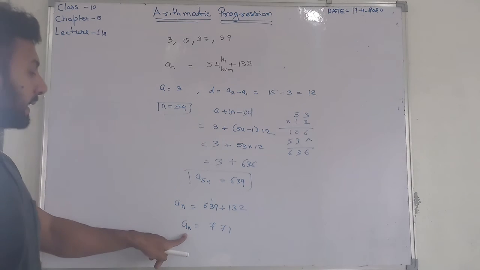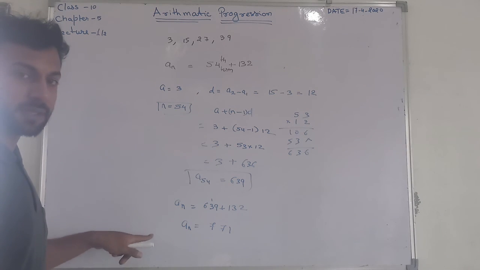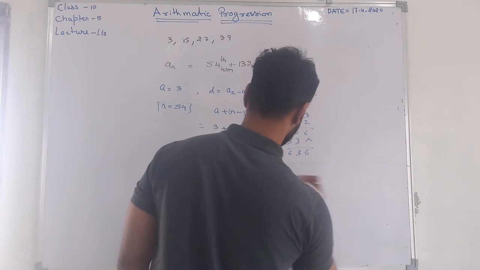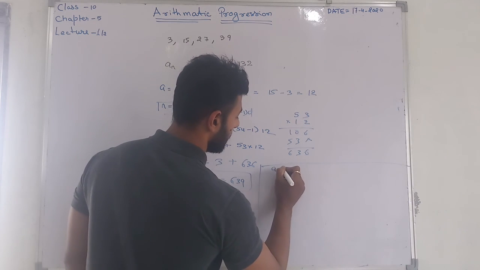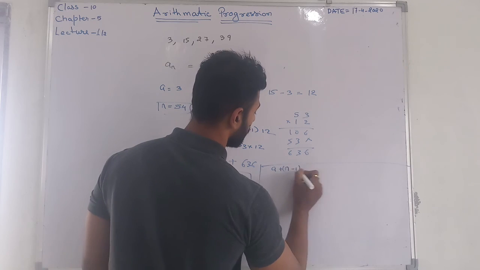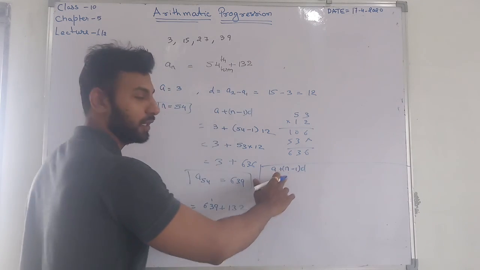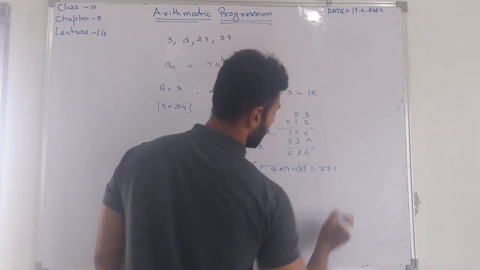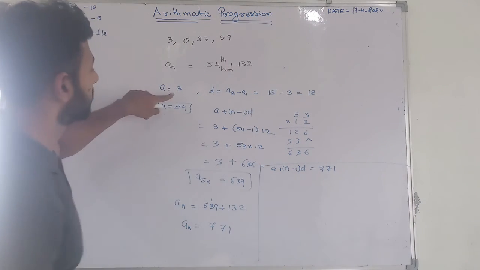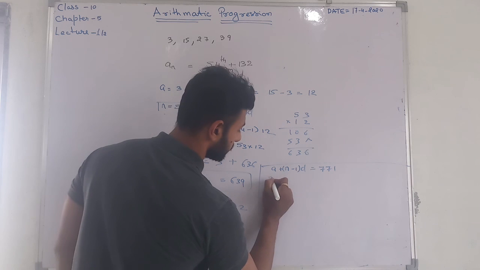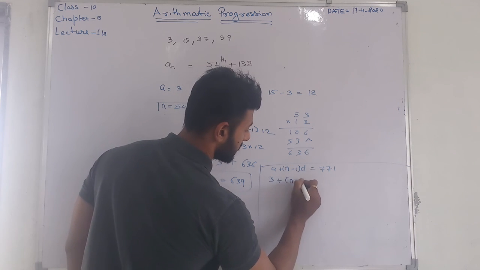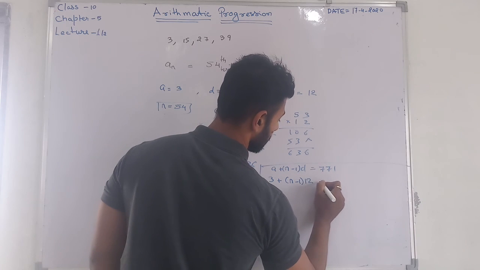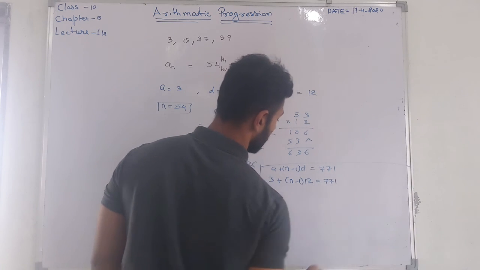Now this an can be written as a plus (n minus 1) into d, because we have to find the value of n. So 771 equals 3 plus (n minus 1) into 12.